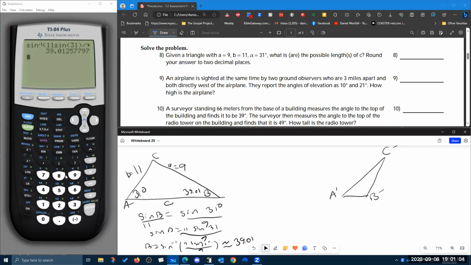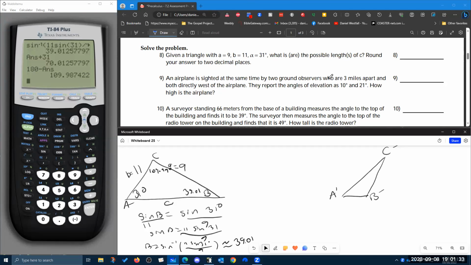Add 31 to that, and then 180 minus that gives us 109.99 degrees up here.